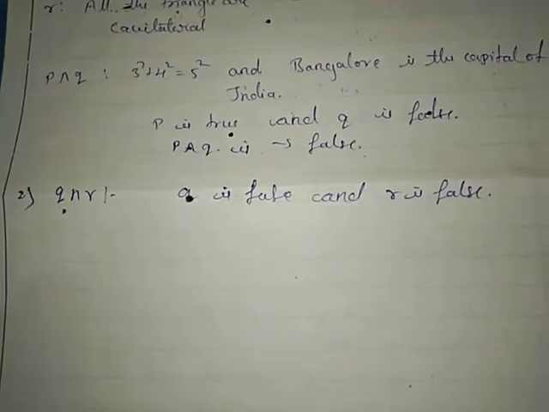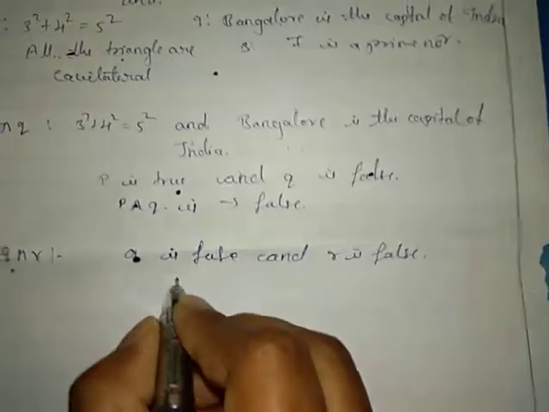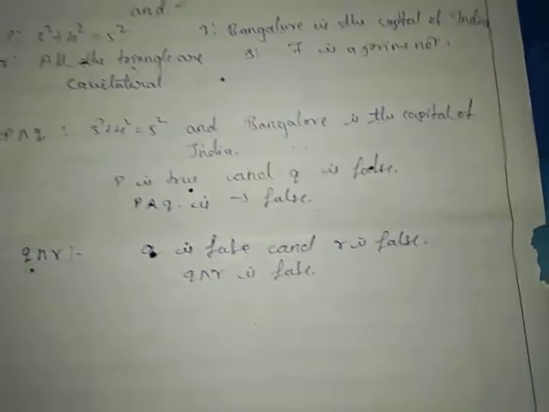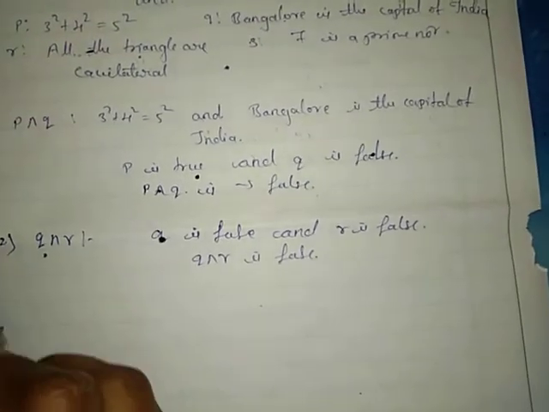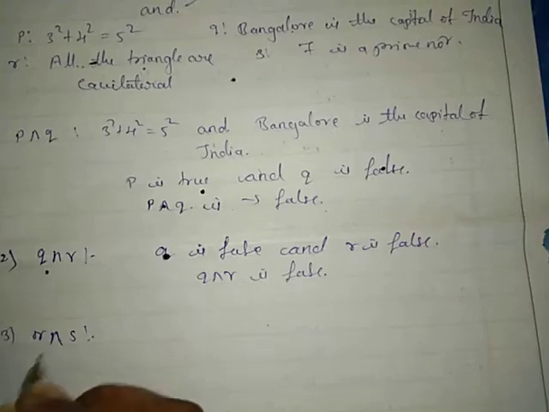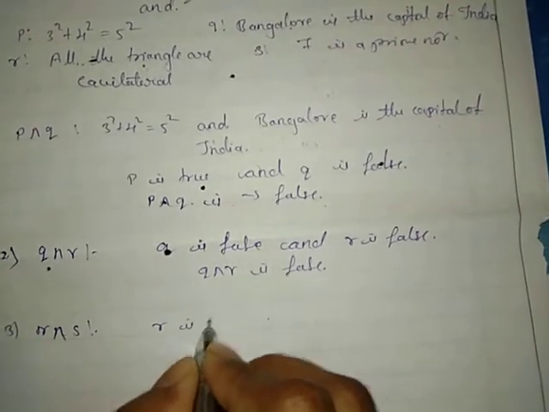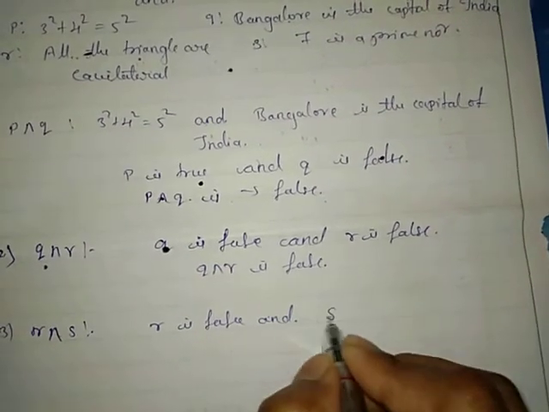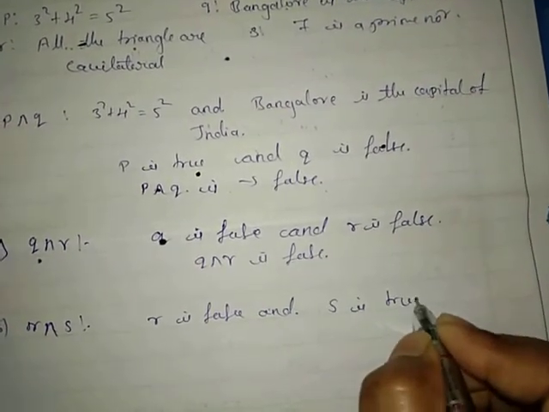If Q is false and R is false, then Q and R is false. In the same manner, R and S. Here R is false and S is true.